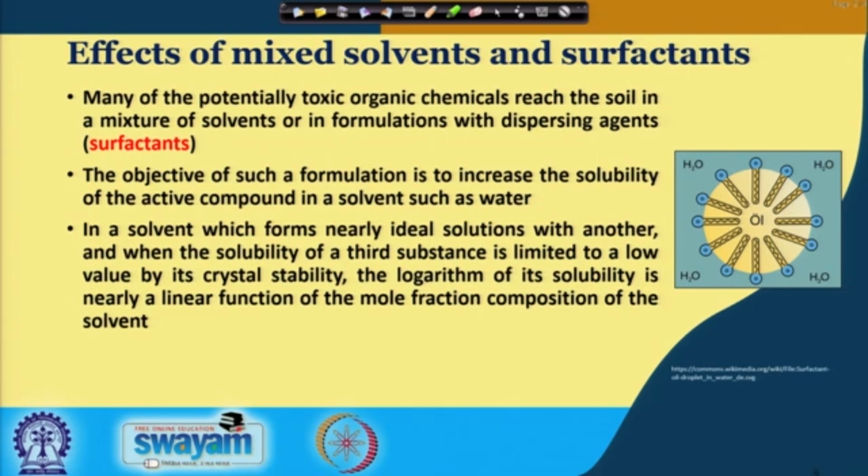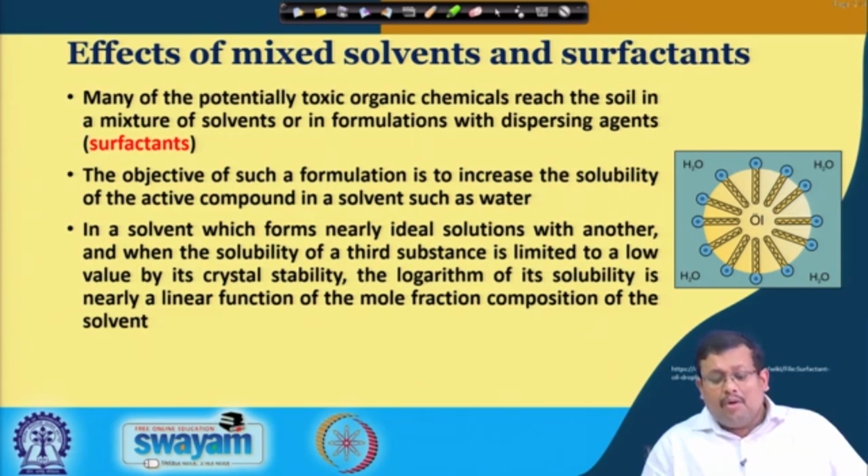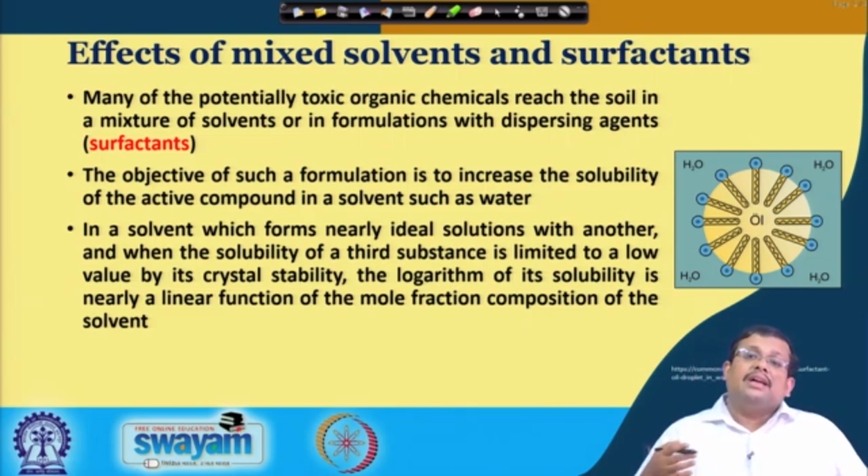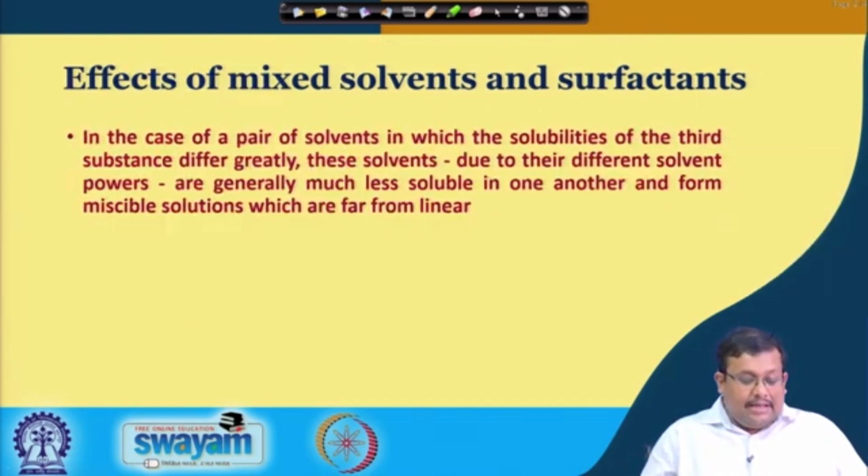We have discussed the structure of the surfactants and how they act as a dispersing agent to increase the solubility of nonpolar molecules in the water. What is their implication as far as the solubility of toxic organic chemicals like pesticides in water and their movement from one part of the environment to another is concerned, we have discussed in detail. Then we have seen the effects of mixed solvents and surfactants.